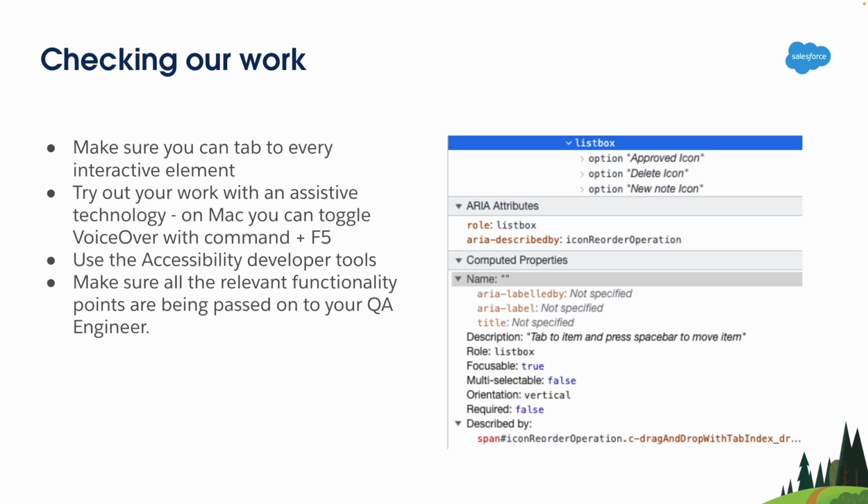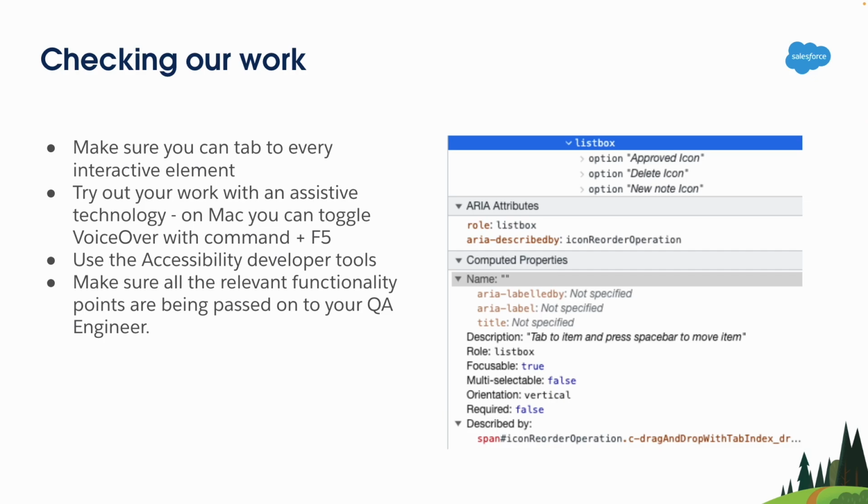I have the screenshot of those on the right-hand side here. And that is of my component that we were looking at as our example. So we can see it's showing the list box, and it's got the 3 options of the print icon, delete icon, and new note icon. It's got my ARIA attribute, role of list box already described by icon reorder operation. And then it's showing me some more information.